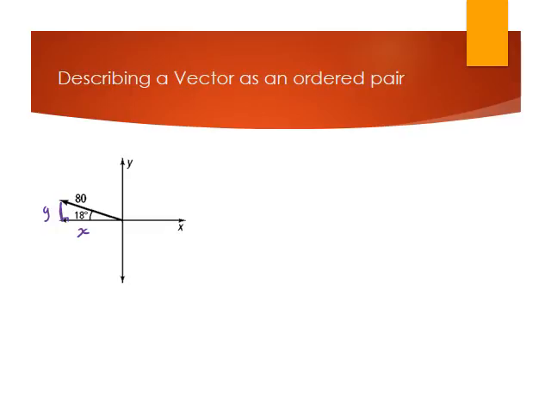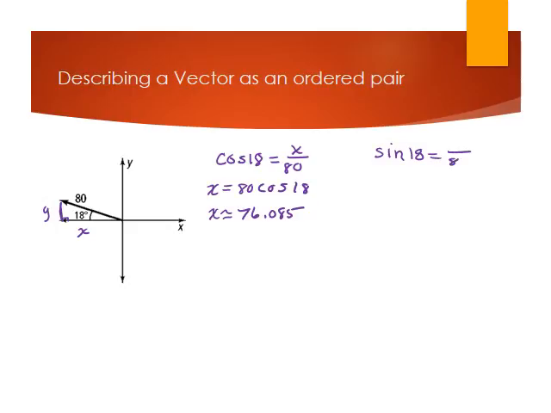So if I'm going to find the x coordinate, I'm going to use cosine. So cosine of 18 equals x over 80, or x equals 80 cosine 18, and that equals approximately 76.085. And y is going to be my sine. So sine of 18 equals y over 80.